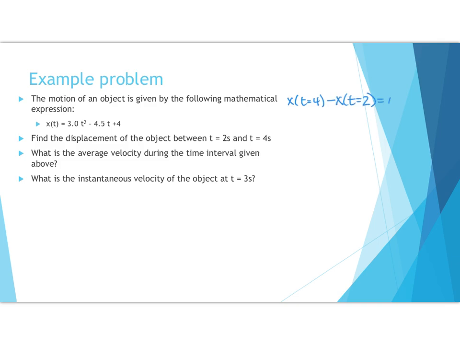So to find the displacement is looking at putting in t equals 4 seconds and then t equals 2 seconds, and we subtract our two values. So x at 4 would be equal to 3 times 4 squared minus 4.5, put in 4 for time, plus 4, and we would get the position at 4 seconds is 34.